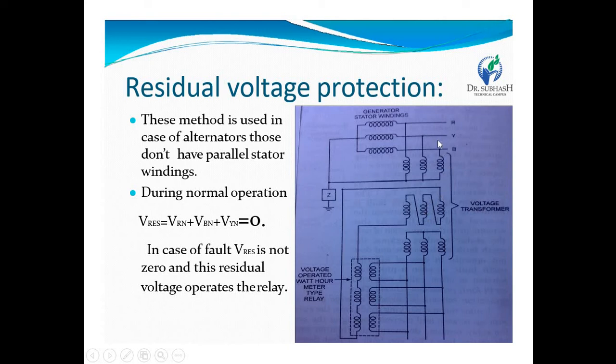So in the generator, total VRES is equal to VRN plus VYN plus VBN, which is equal to 0. In case of a fault, VRES is not 0, and this residual voltage operates the relay. So if the total summation is not 0, there is some interturn fault, which will be detected and operate the relay. That is residual voltage protection.